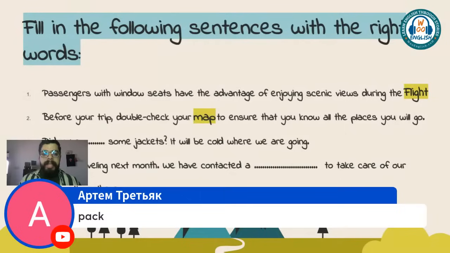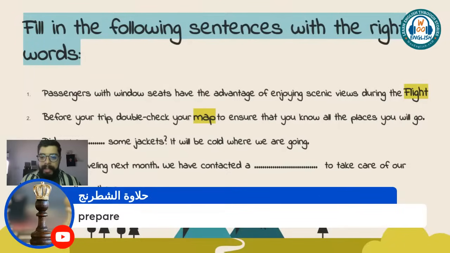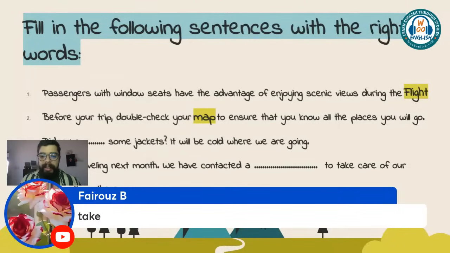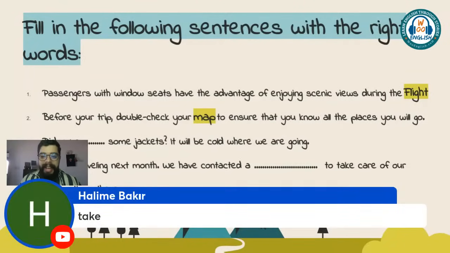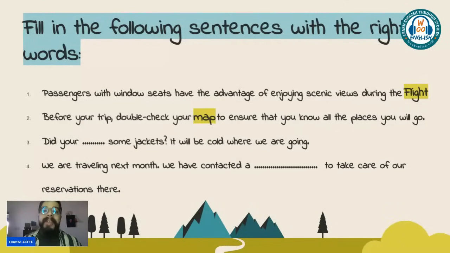Okay, Art Sim says number three is pack. Prepare. Take and take. Great. By the way, all of the words that you guys suggested, pack, Taveras, thank you. Yes, pack. So all the words that you have suggested in the comment sections are correct.